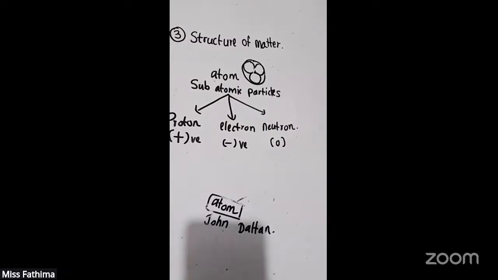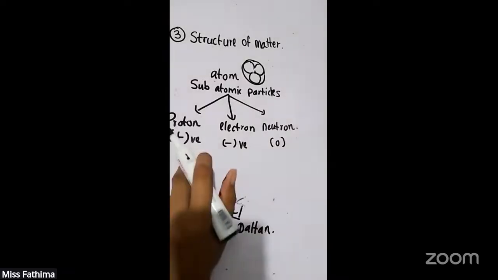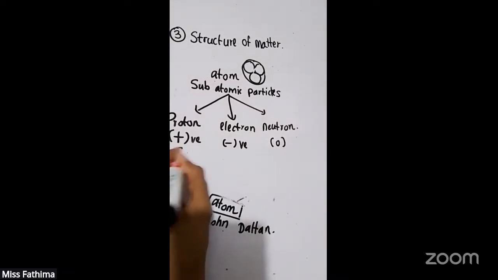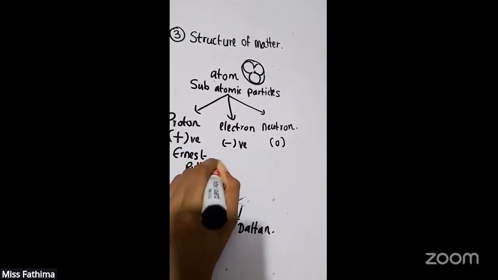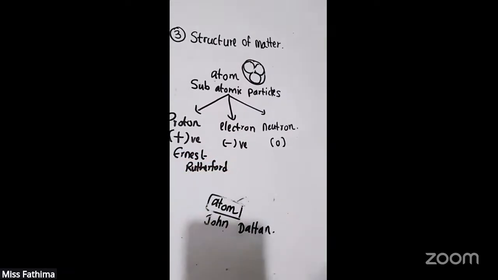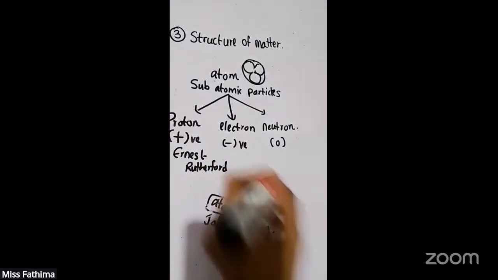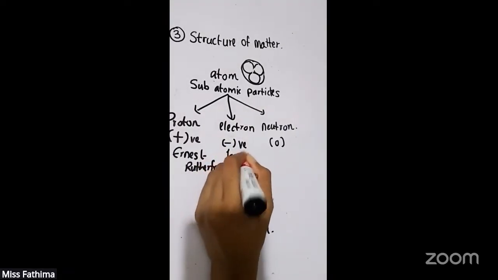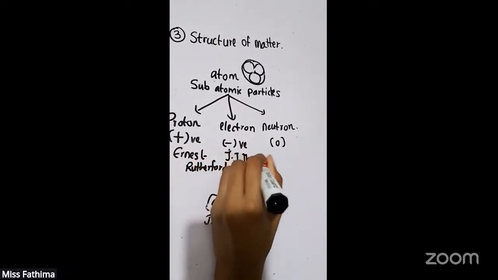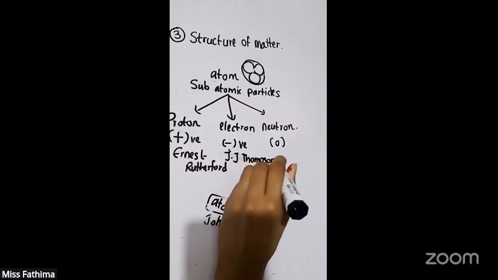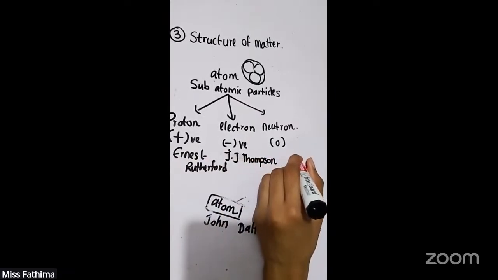You can remember them. The person who discovered the proton is Ernest Rutherford. Then the electron was discovered by J.J. Thomson. And the last, the neutron, was discovered by James Chadwick.